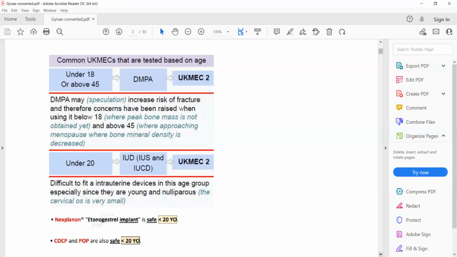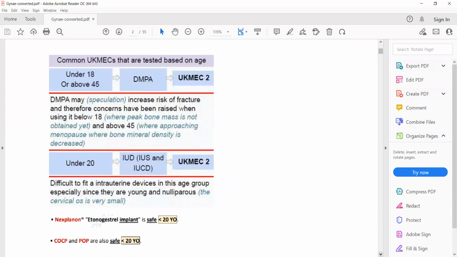COCP is combined oral contraceptive pills that contain both estrogen and progesterone. And then there is a type of oral contraceptive which only contains progesterone, that is progesterone-only pills or POP.